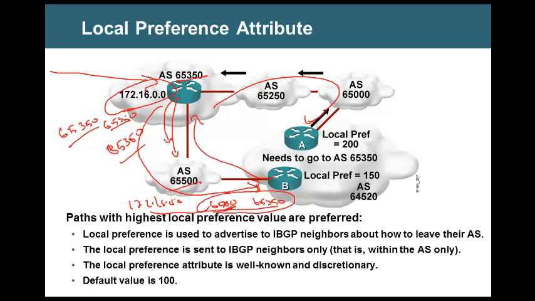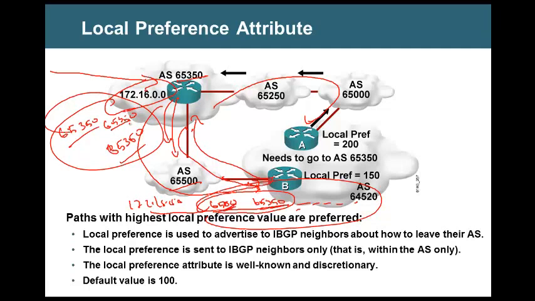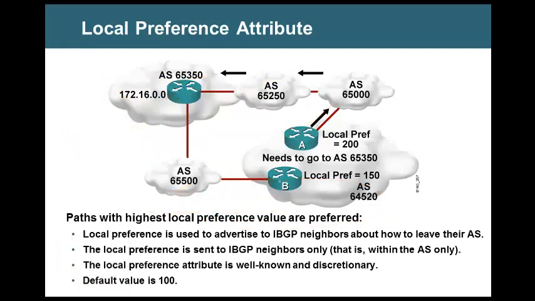Now the 65350 appears multiple times, so it looks like 5 hops away, but actually it is only 2 hops away. So you can tune the AS path: you can add, you can prepend, you can make changes to the AS path according to our wish, and make B not come like this.